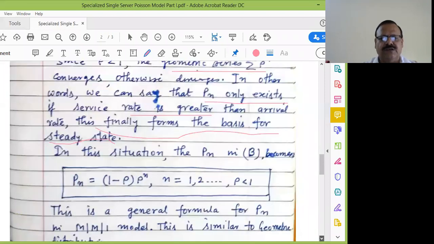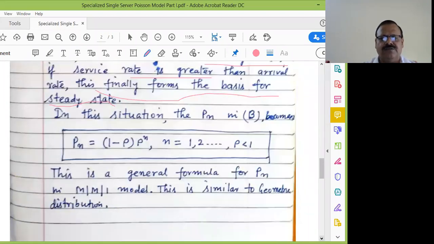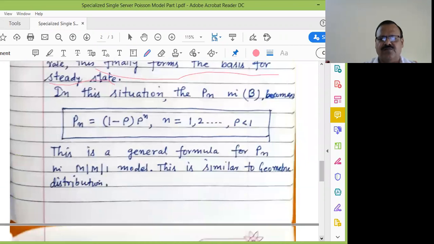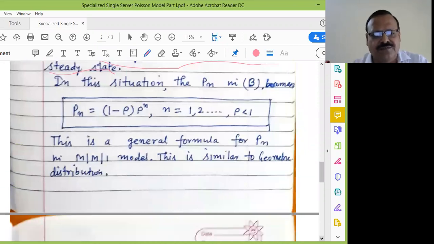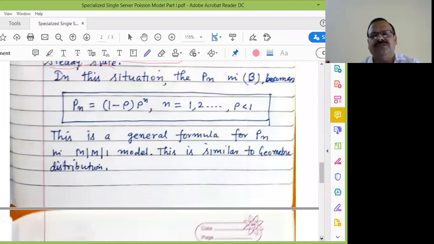In this situation, we have obtained a closed form general formula, a simplified form. Closed form means that nothing more is possible in terms of calculation, simplification and manipulation.